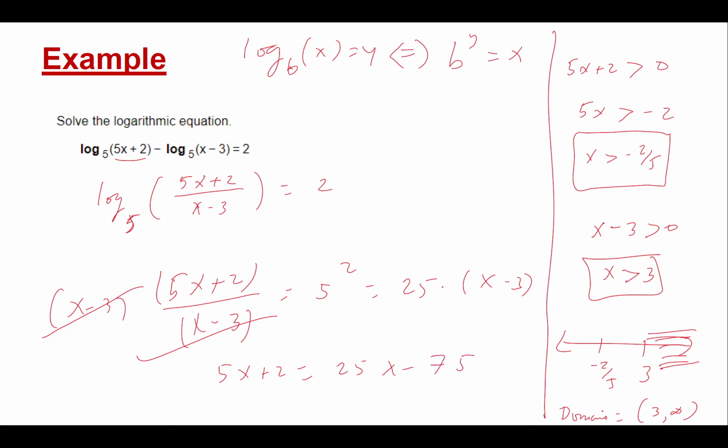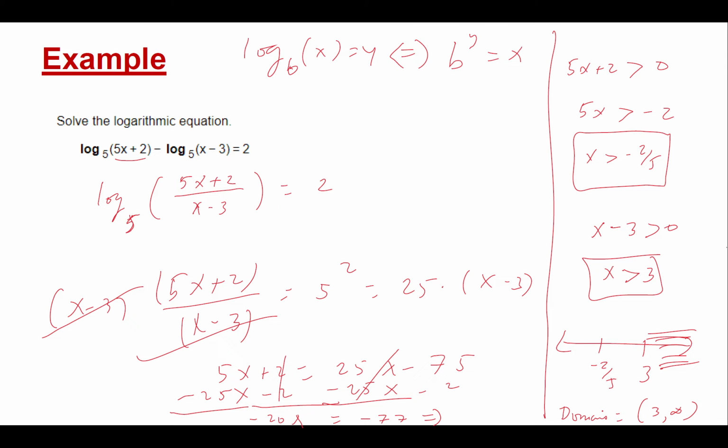Now to solve for x, we can just bring the x to the left side. Let me subtract 25x and then subtract 2. That will give us negative 20x on the left side, and on the right side negative 77, because negative 25x plus 5x is negative 20x.